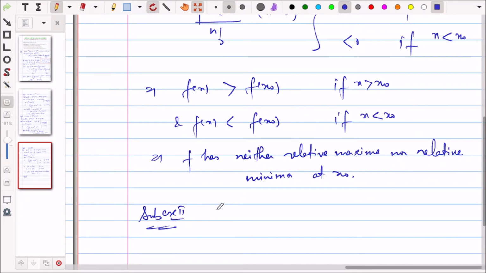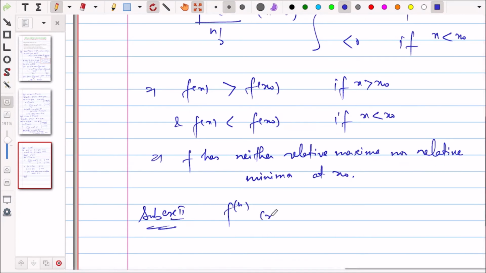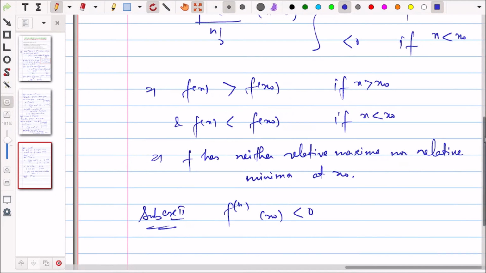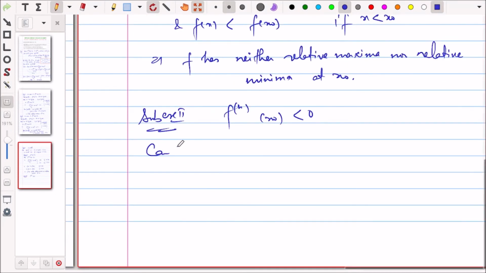What will happen in sub case 2? f^n(x0) is negative can be proved on the lines similar to sub case 1.